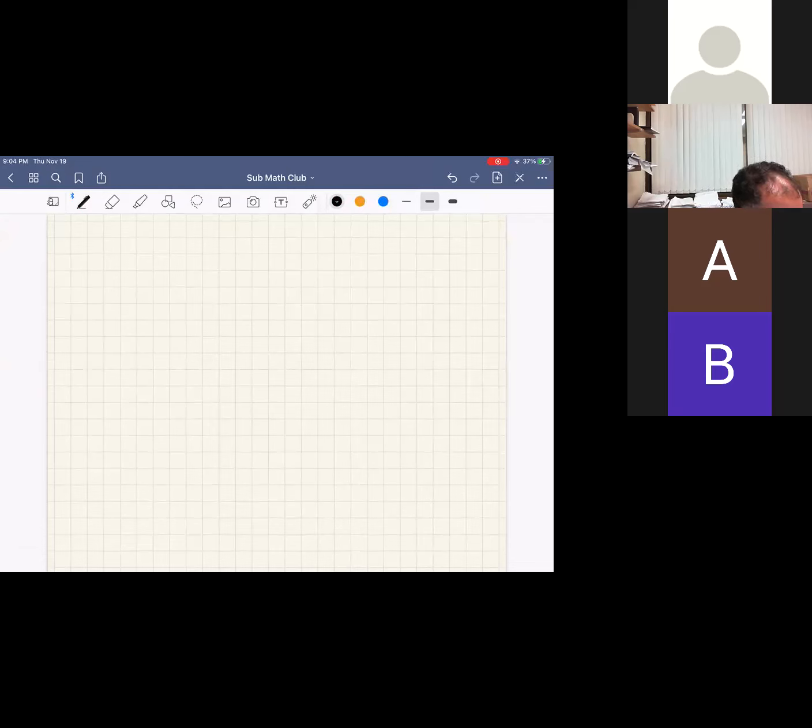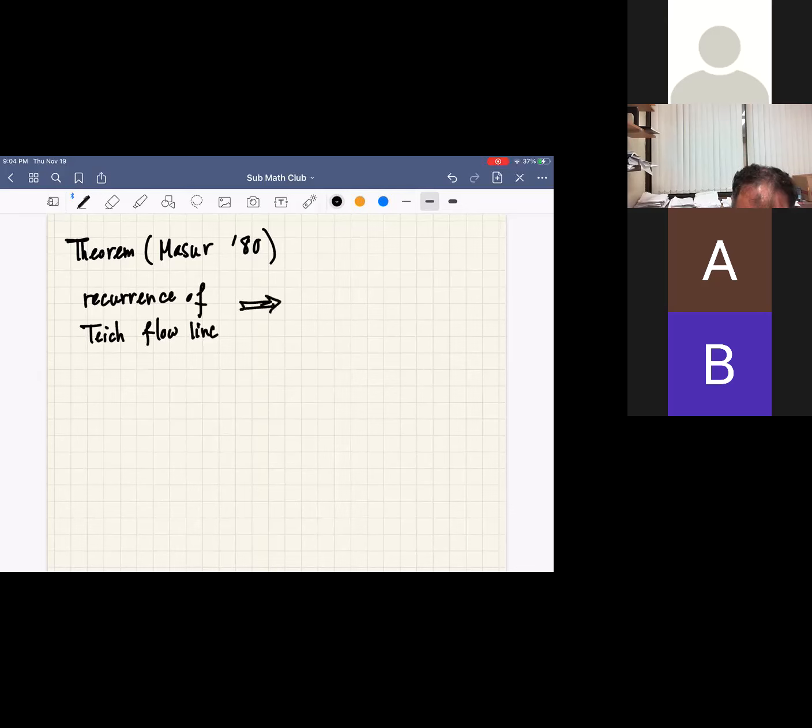Here there is a theorem due to Masur, part of his proof from the 80s: if you have a recurrent Teichmüller flow ray, which is recurrent, then the recurrence of the Teichmüller flow line implies unique ergodicity.